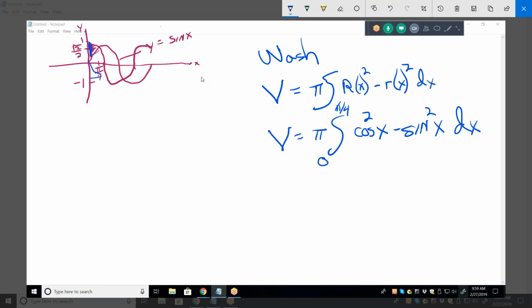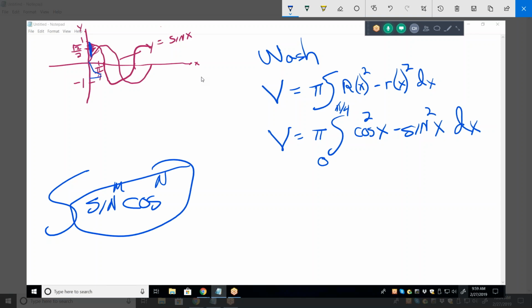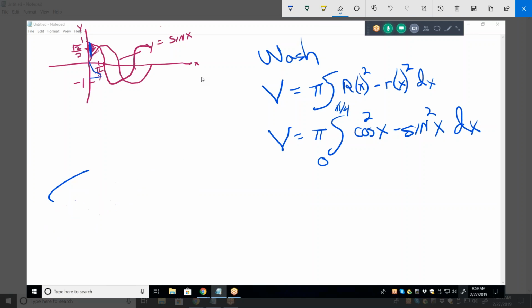You haven't gotten to the section yet on how you take integrals of trig functions like sine to the m times cosine to the n. There's a method of doing those, and it would cover these. But that's the next method of integration you'll probably learn in the next calculus course you take. But there's an easier way to do this.